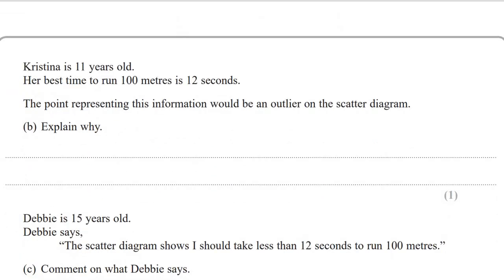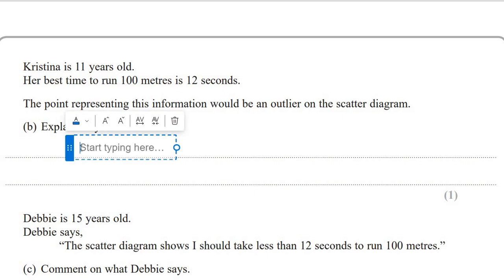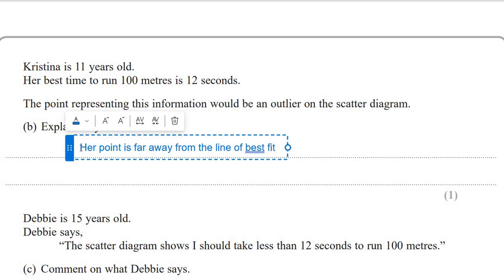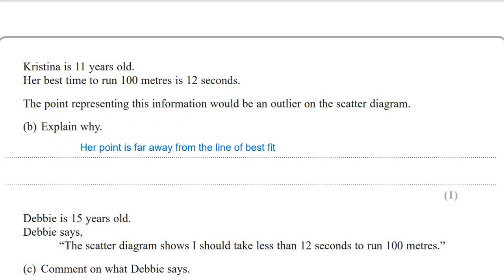So you could explain by saying that her point is far away from the line of best fit. And so that is why it's called an outlier.